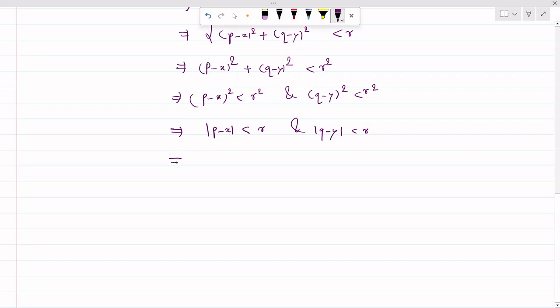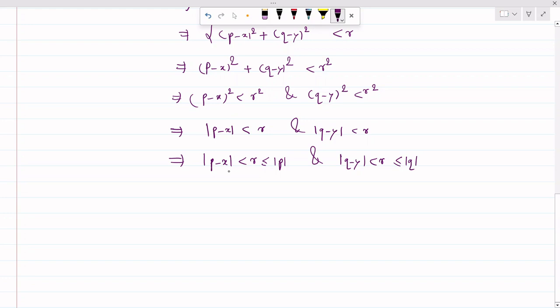But r is less than or equal to mod of p and r is less than or equal to mod of q. So mod of p minus x is less than r, which is less than or equal to mod of p, and mod of q minus y is less than r, which is less than or equal to mod of q.